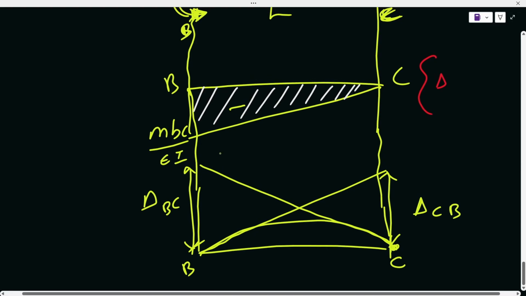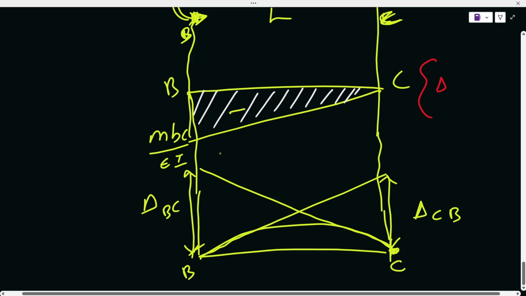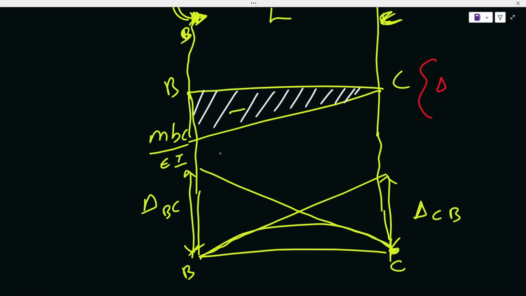So once again, when I'm talking about delta BC, it means that I'll be getting the moment of area about B. That is, when I'm getting the centroid, I'll be coming from B. Similarly, if it is delta CB, it means that I'll be coming from C when getting my centroid, or the moment of area. That is the area times the centroid.